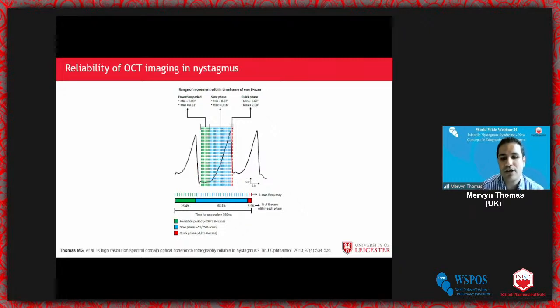What we're trying to show is that the majority of your scans, because of how fast these machines are at acquiring scans, tend to be during the foveation period and the slow phase, so there's very minimal distortion. Only a minority of scans, the ones in red, actually coincide with the quick phase. So you can take longitudinal measurements that are reliable over time, and for a quick qualitative grading of the scan, you can do that quite reliably, even in the presence of nystagmus.